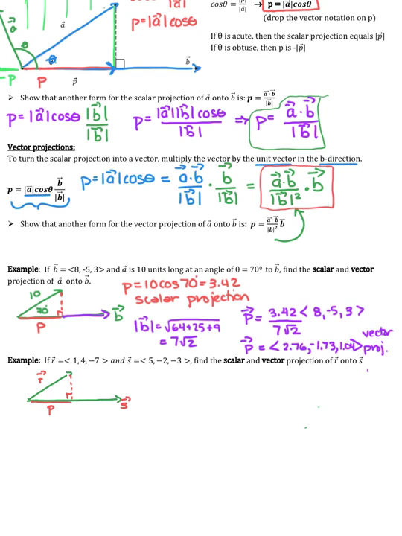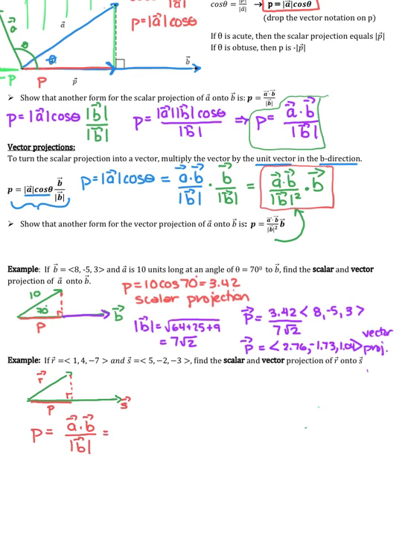So I'm going to go back and use what we derived, the dot product over the magnitude of B, because again, that's all a scalar. That will give me the scalar projection. Remember, A dot B is the magnitude of A times the magnitude of B times the cosine of the angle, without having to know what that angle is.